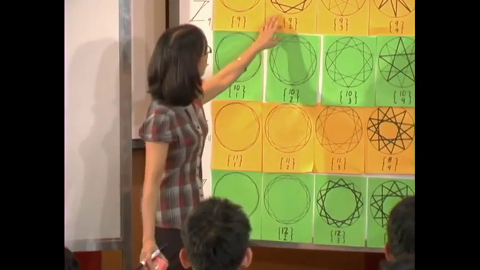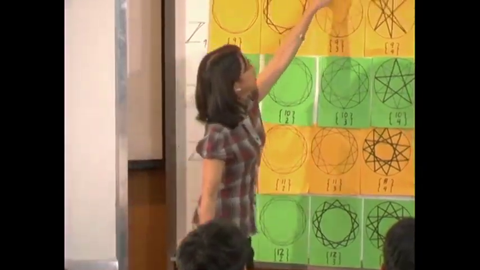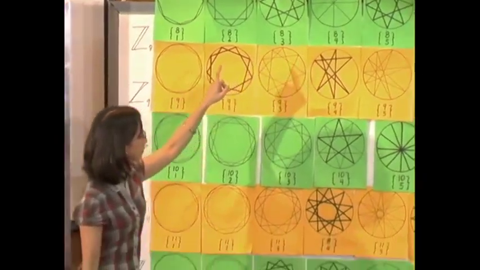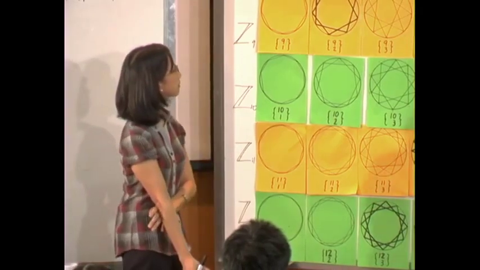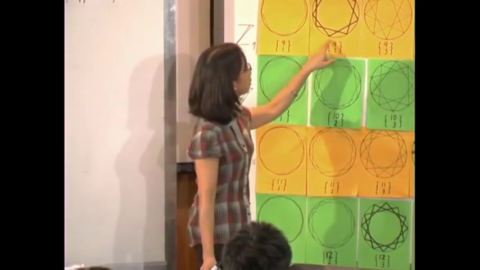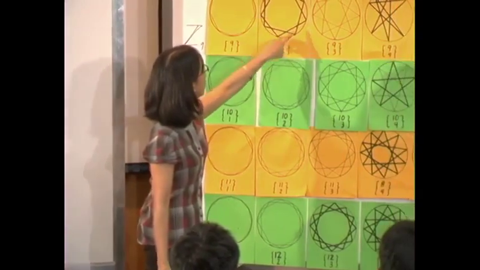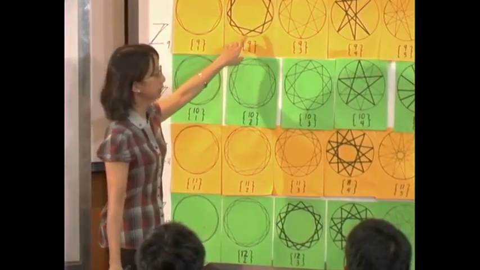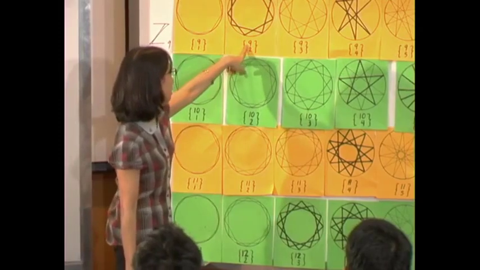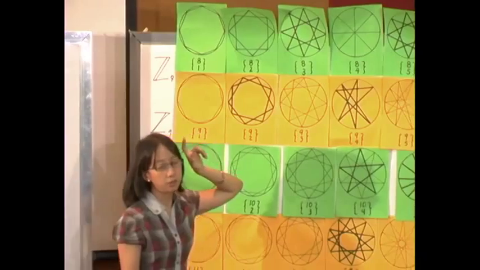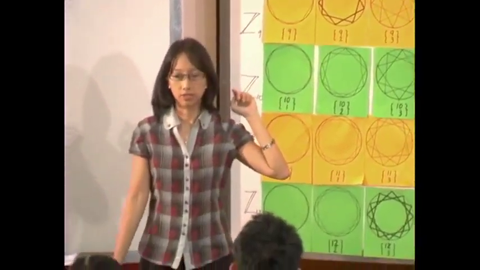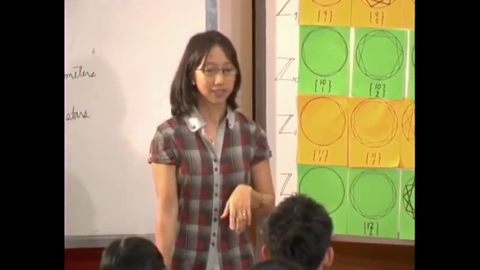We have 9-2, 8-3, 9-5. 9-2 was done without lifting the pen. 9 is odd, 2 is even. 8-3 was done without lifting the pen as well. But 8 is even and 3 is odd. I don't think it has something to do with odd and even. Relatively prime, right. Yes, Ronnie?